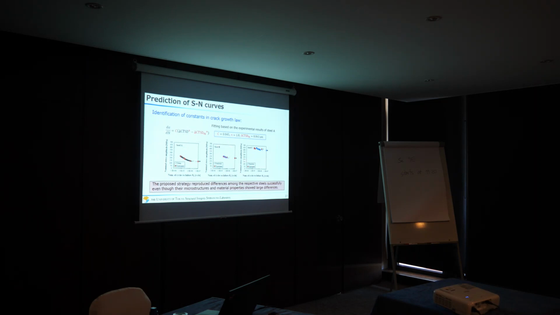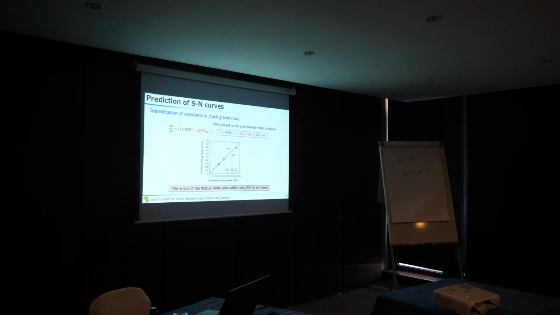So we can find the proposed strategy successfully reproduces the difference between the respective steels, even though their microstructure and material properties show a large difference. And also the error of the fatigue limits was within only 5% for all the steels.